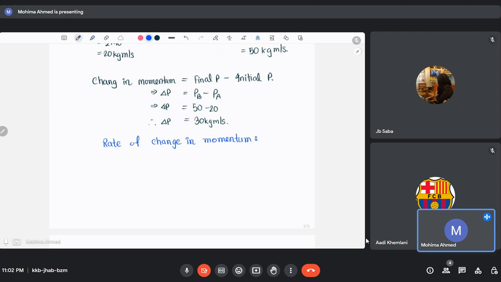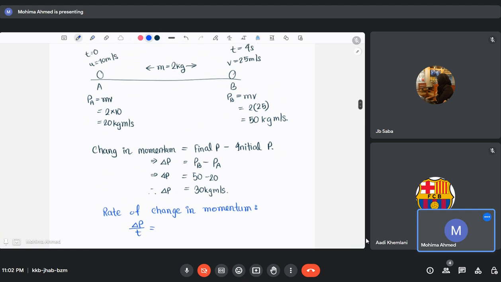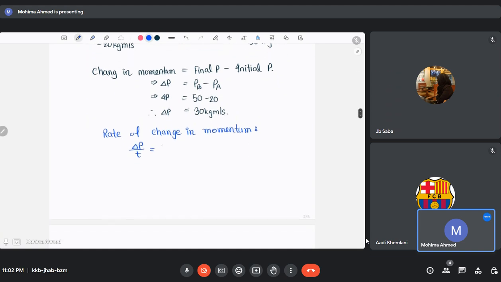Now, mathematically, we can write it as delta P over t. You can break down delta P in terms of mass and velocity. For example, if the final velocity is v and the initial velocity is u, it becomes mv, the final momentum, mass into final velocity, minus mu, the initial momentum, mass into initial velocity, divided by time.